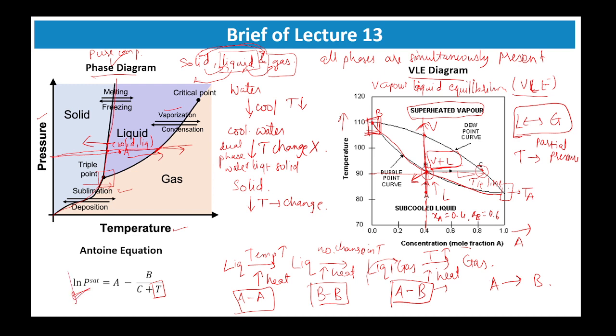The amount of pressure in vapor form that can be exerted by a liquid at the boiling point is known as saturation pressure, and it is calculated by the equation called Antoine's equation. Here A, B, C are constants which you can get from the appendix of any chemical engineering book.